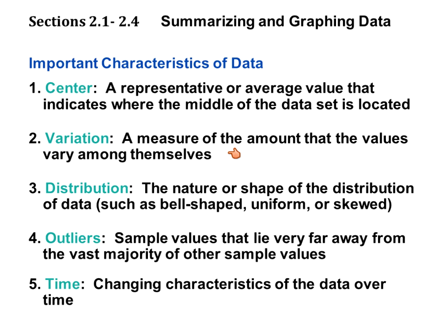And variation is the measure of the amount that the values vary among themselves. Then we're looking at the distribution of our data, whether it's bell-shaped, uniform, or skewed. Then we're also looking at outliers. Maybe there are some sample values that lie far away from the vast majority of other sample values. So these are characteristics that we will be looking at as we look at our data.